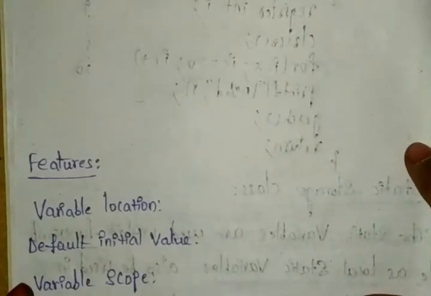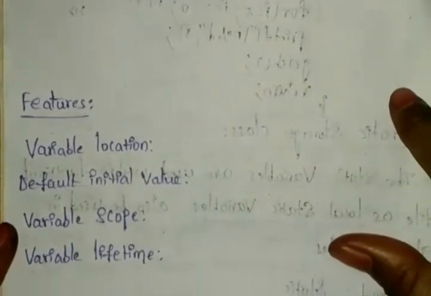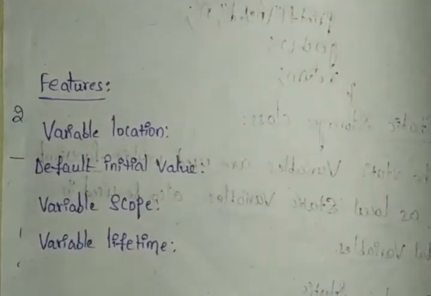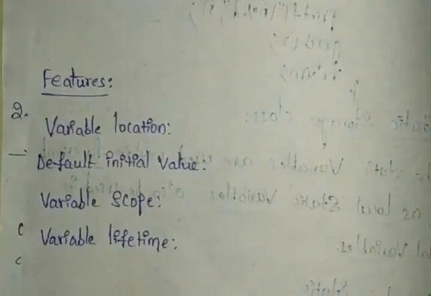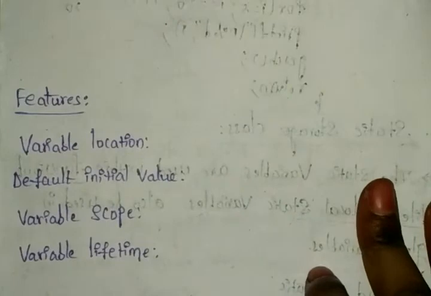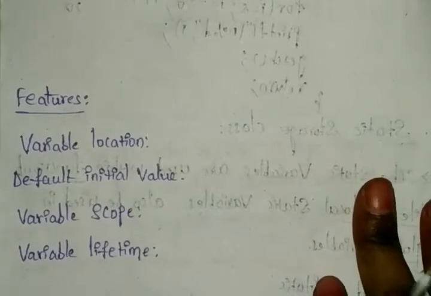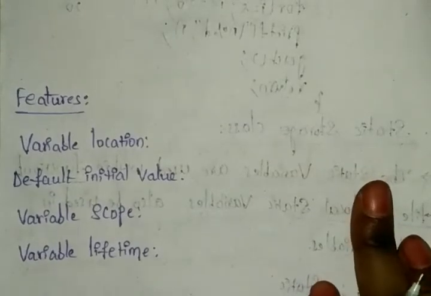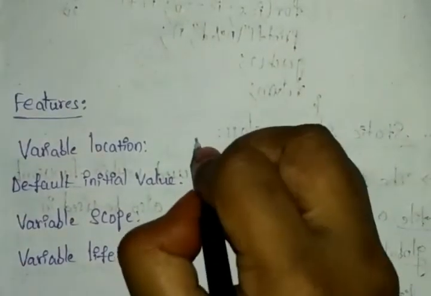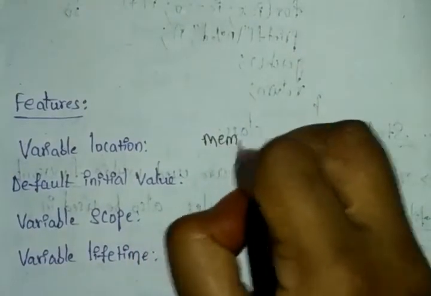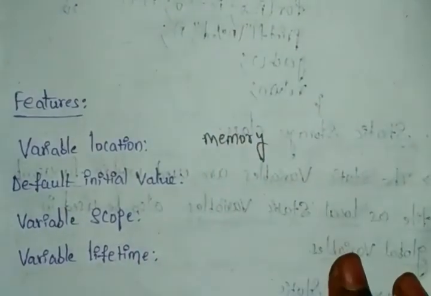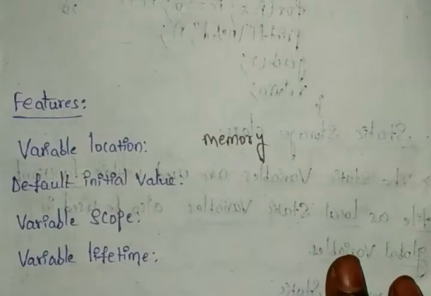After that you can see the features defined with this. What we have is the variable's location: it can store our variables in the form of memory only, primary or secondary memory.